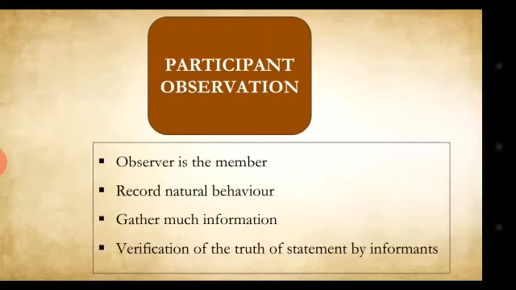Somebody may tell the coach that player A is playing very well, but when he steps inside the game, the coach himself will come to know whether player A is playing well or whether it is simply information given to him by others. This is how participant observation takes place. The observer is one of the members, and he records the behavior in a more natural way.